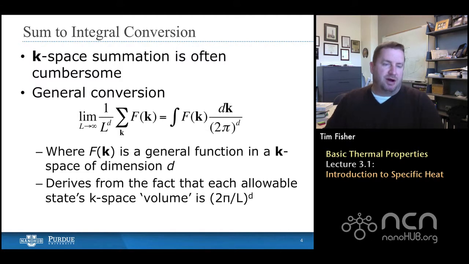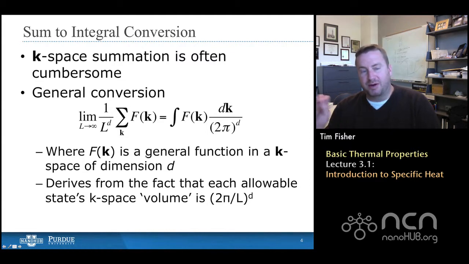The other difficulty that often arises is this K-space summation is challenging, it's cumbersome, and it's sometimes not easy to do analytically, or we make some approximations about the K-space so that we can do an analytic evaluation of the integral. And this identity that I show here, where f is a generic function, we can either sum that over all of k-space, and in this, what we're doing is normalizing by the volume.